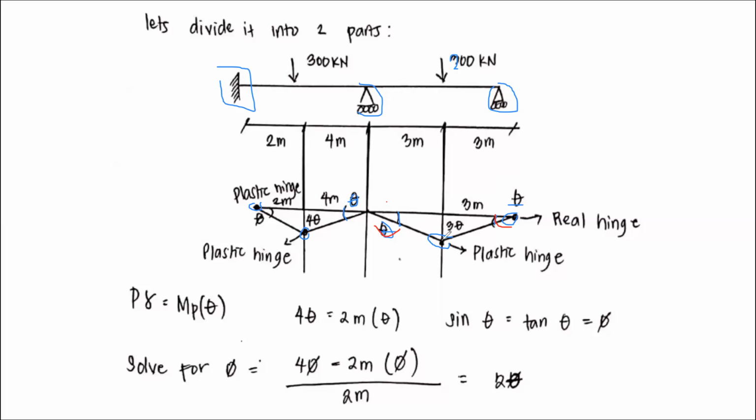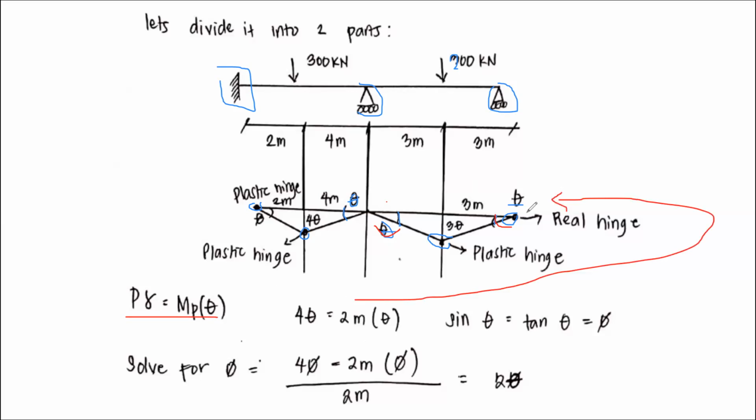Then, kakamap tayo sa formula na P delta equals MP multiplied by theta. So, para makakuha tayo ng value ng theta natin, first, ito muna.